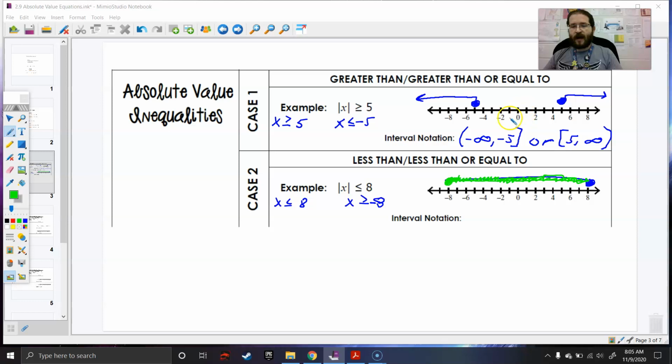So this top one would be an or, and this would be an and. So we know negative 8 is less than or equal to x, which is less than or equal to positive 8. That's how we would write those.